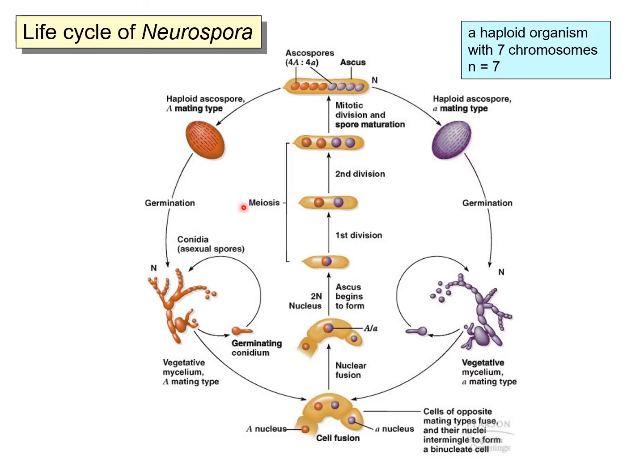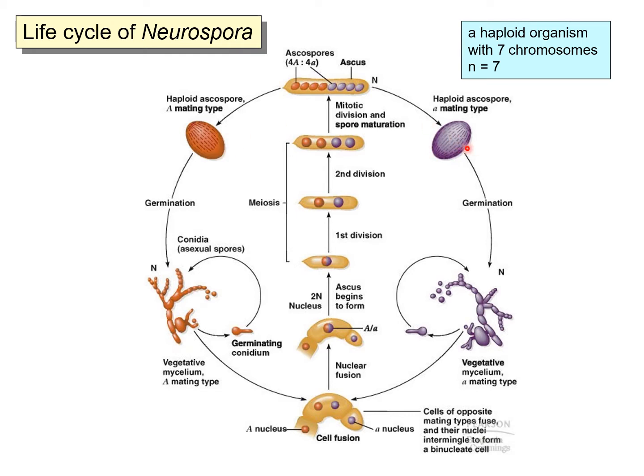As we are going to study tetrad analysis by considering the example of Neurospora, I feel that you should know the life cycle of Neurospora. See, this is the haploid ascospore having mating type capital A. This is another haploid ascospore having mating type small a.